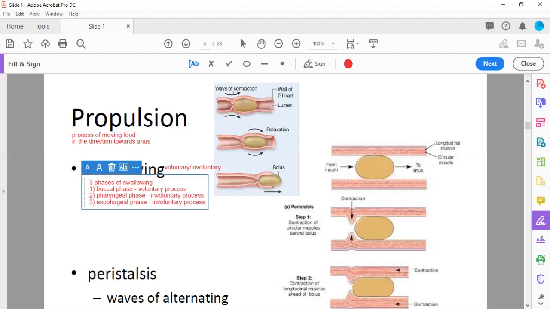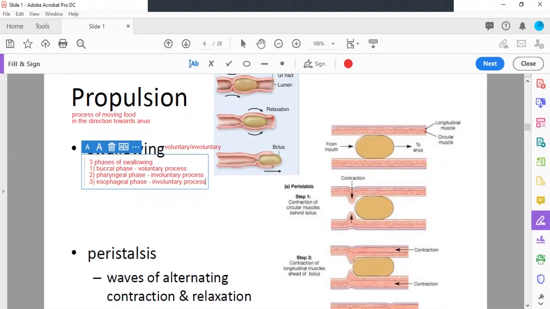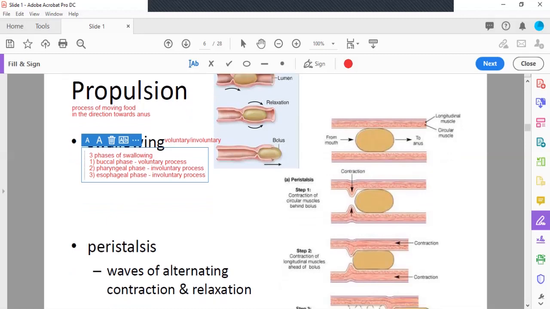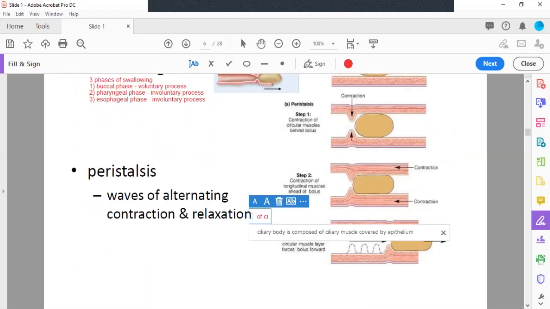Okay, and we'll come back to this with more details, but for now, this is what I need you to know. Let's go into peristalsis. When you look at peristalsis, there are waves of alternating contraction and relaxation of the circular and longitudinal muscles.